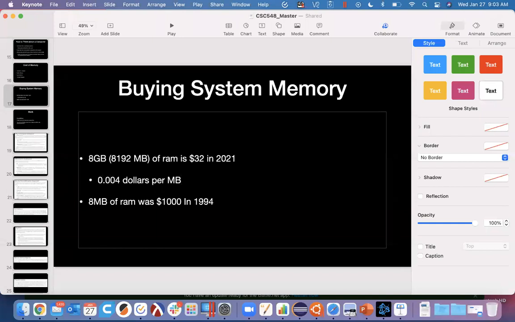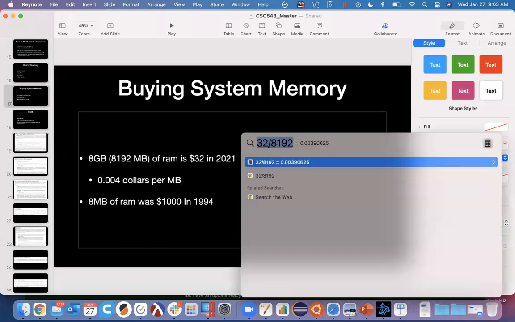That's how much it is today. Which means that by today's cost, in 1994, my 8 megabyte chip should have only cost 3 cents.